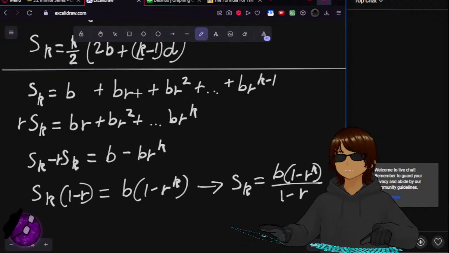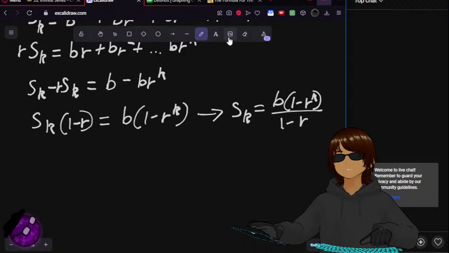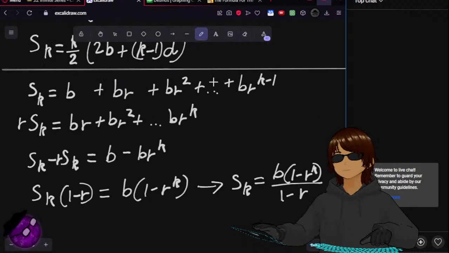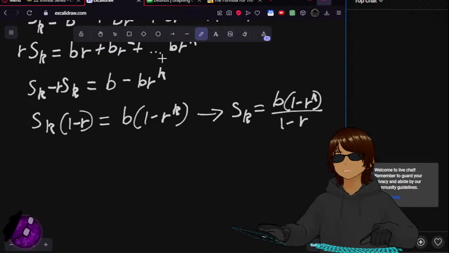Now let's say this is convergent. Each term is getting smaller and smaller. That only happens when the absolute value of r is less than 1.